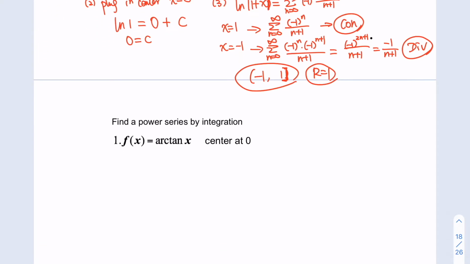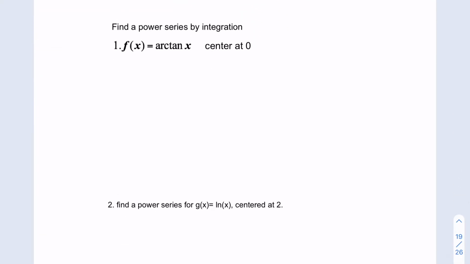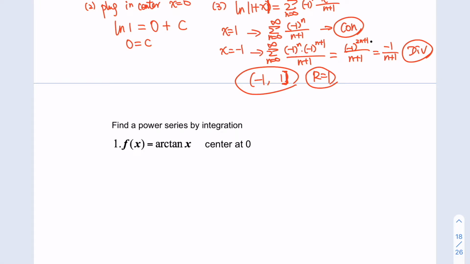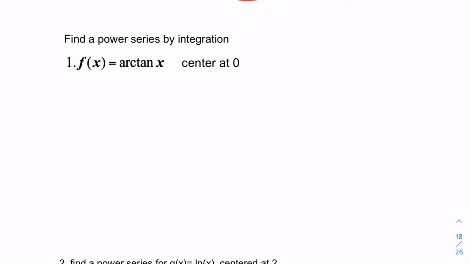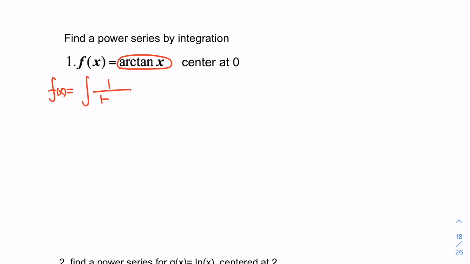Let's have a look at the next example. Find the power series by integration here. Given f(x), as we know, the derivative of arctangent is 1 over 1 plus x squared. So f(x) will be the integration of 1 over 1 plus x squared dx. So this gives us a equals 1, r equals negative x squared.